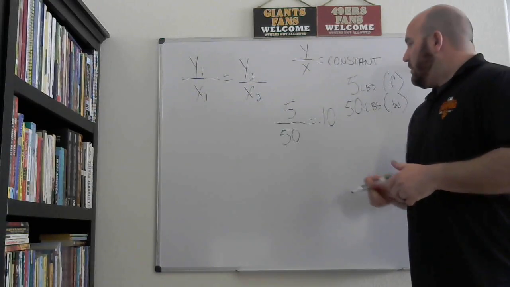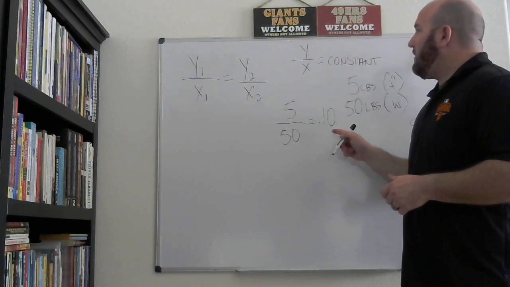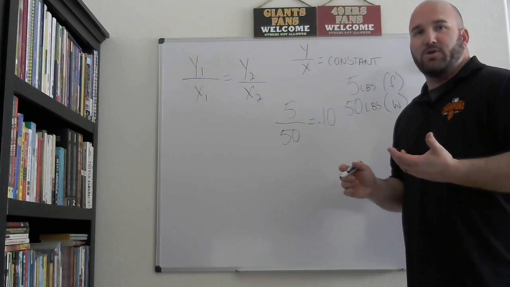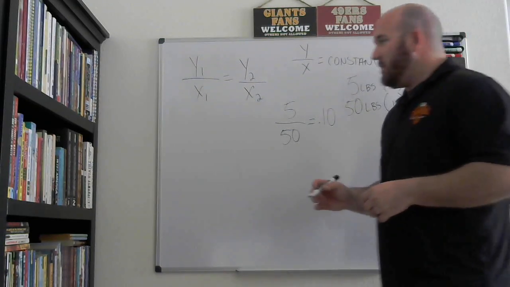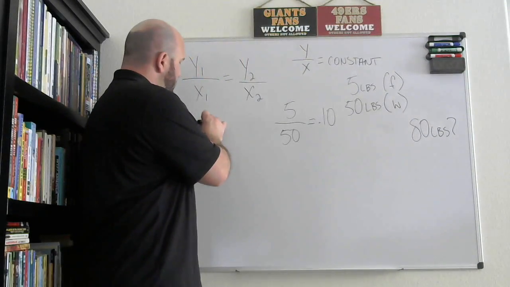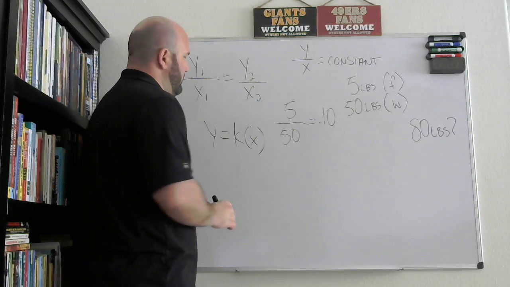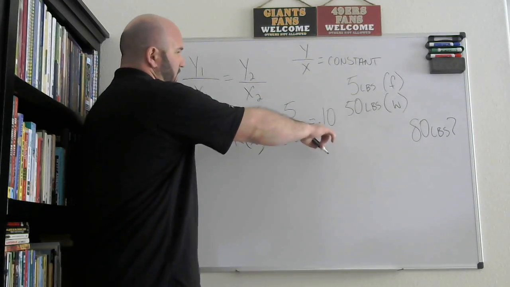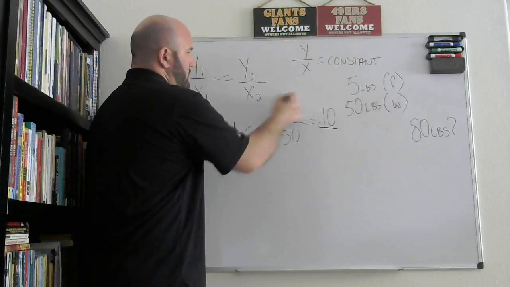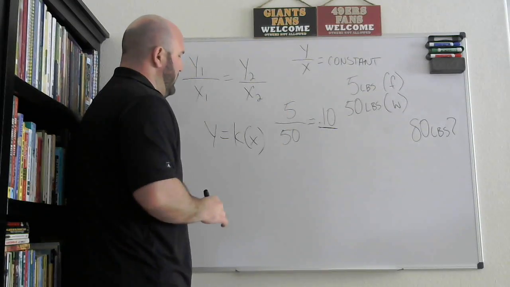Okay? Now we can plug that back into our direct variation equation. What is our direct variation equation? It's y equals k times x, right? We have our k value here, which is the same as this, so we can plug it in.